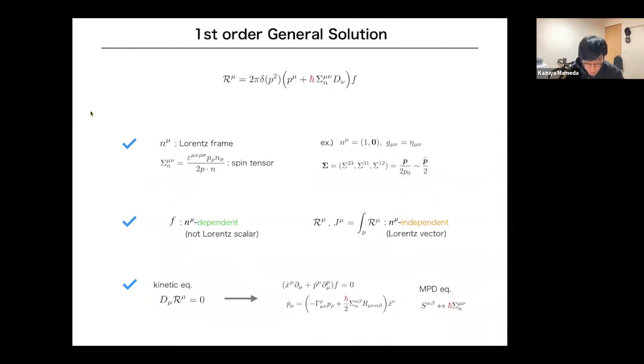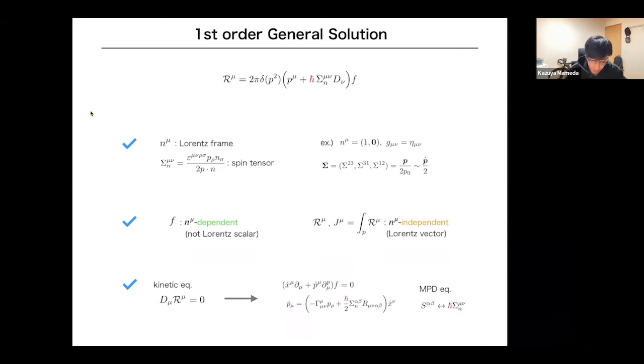The half means the magnitude of the spin, and p hat is just the direction of the momentum. Namely, this is the direction of the spin. And also, this n is nothing but the degrees of freedom of the Lorentz frame.